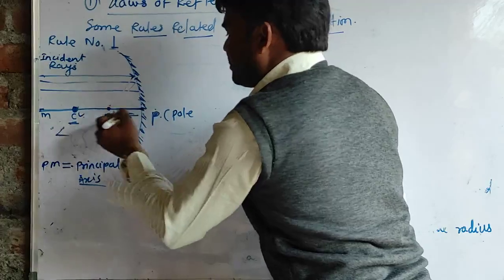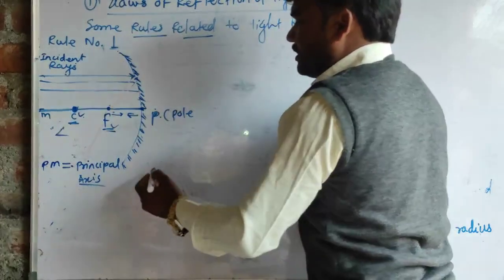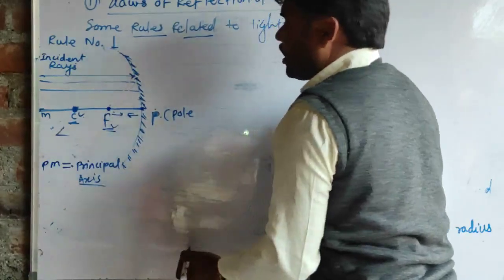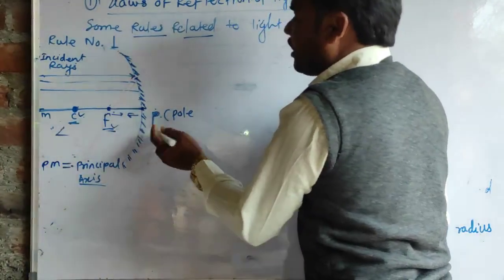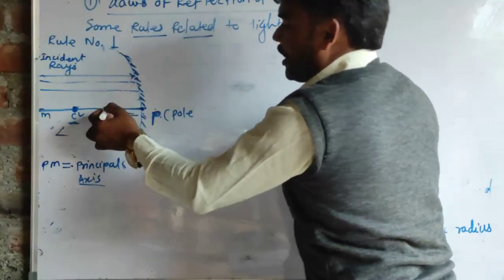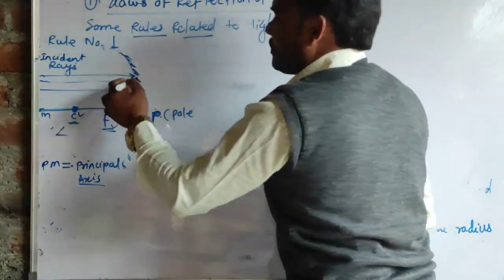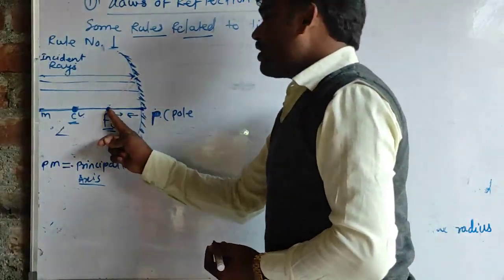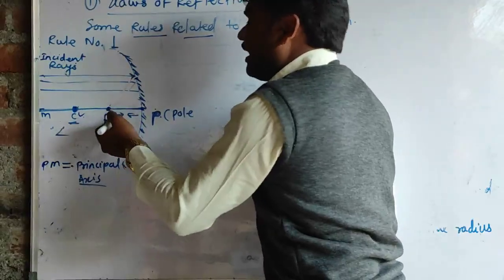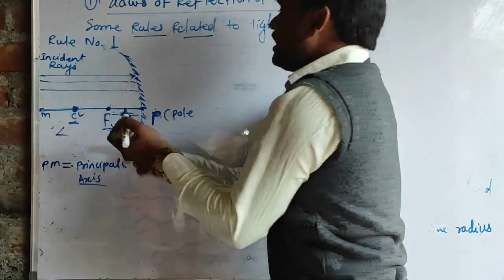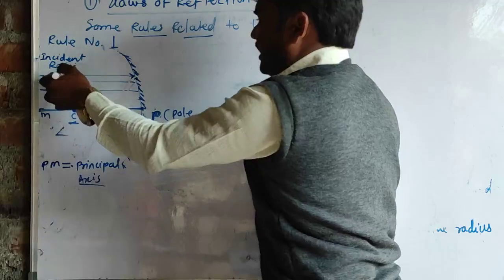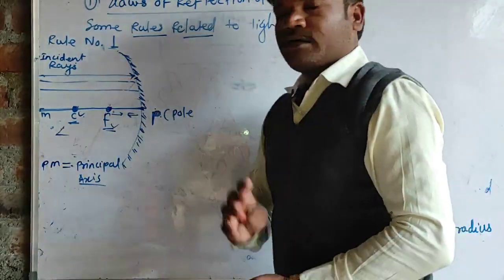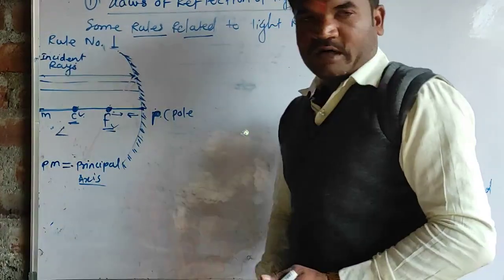This is the radius, P and C, the radius of curvature. The focus is the point on the principal axis where the incident rays, which are parallel to the principal axis, pass through after reflection. That is called the focal point or focus.